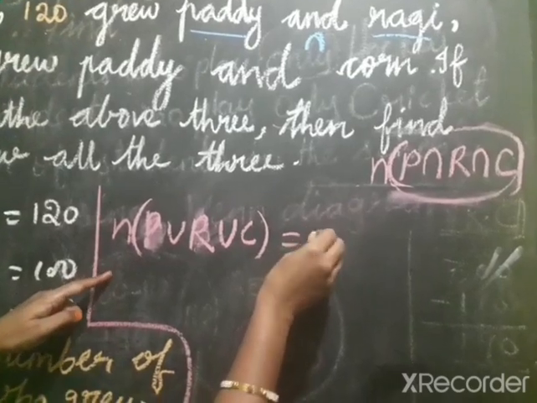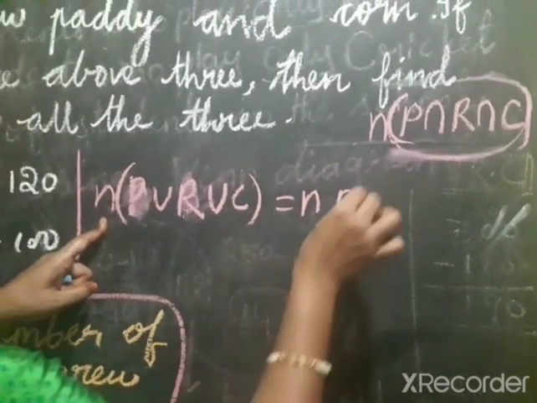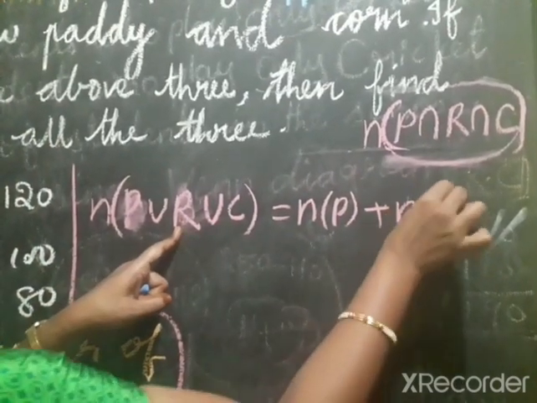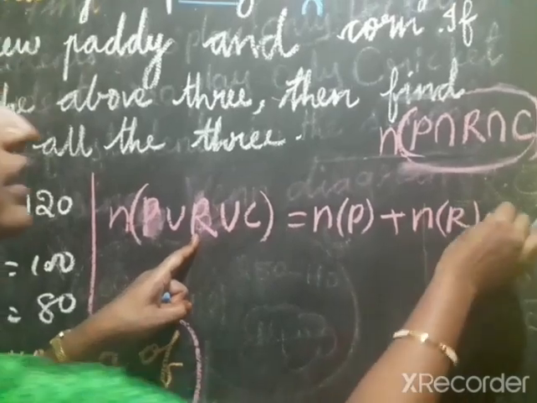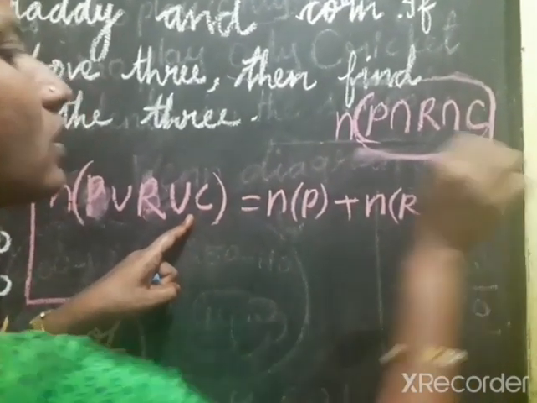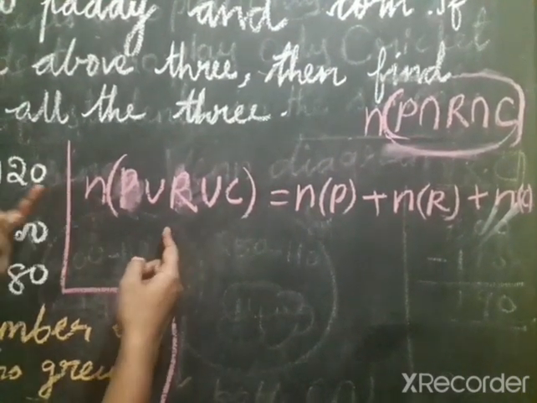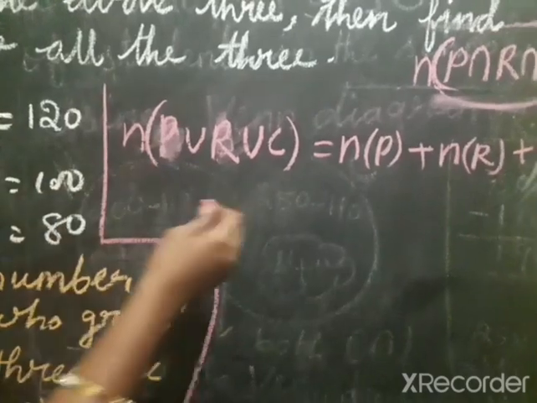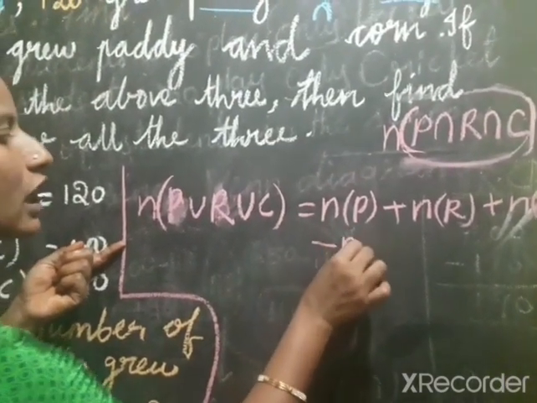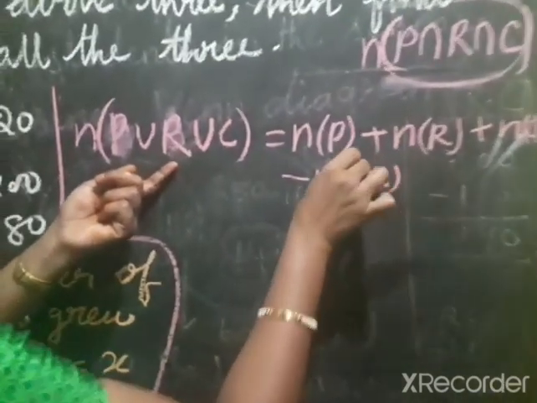First of all we write N of P, then plus N of R for ragi, and then plus N of C for corn. Next, the intersections are given, so we put the minus symbol: N of P intersection R, paddy intersection ragi.